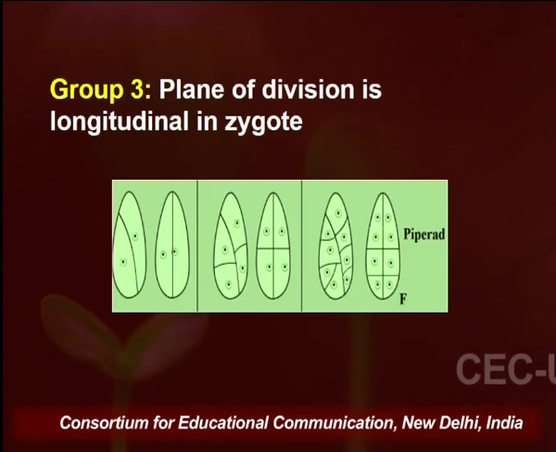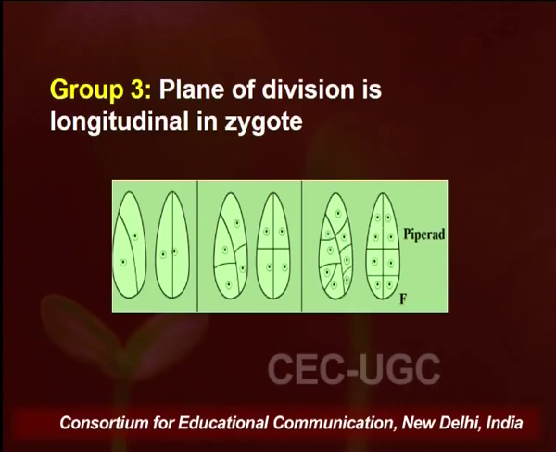In the third group there is no formation of apical cell or basal cell. Now further divisions take place, so it will matter whether the division in the apical cell is longitudinal or transverse.